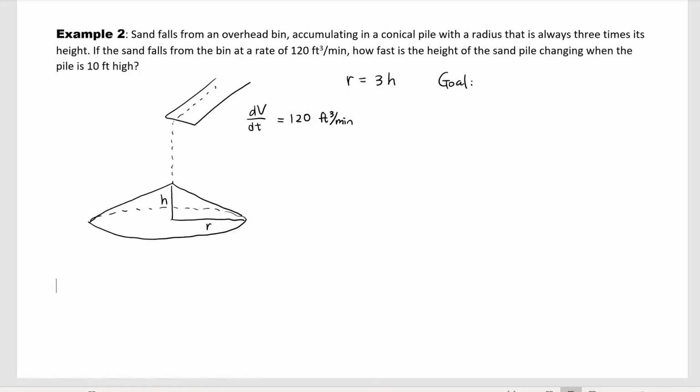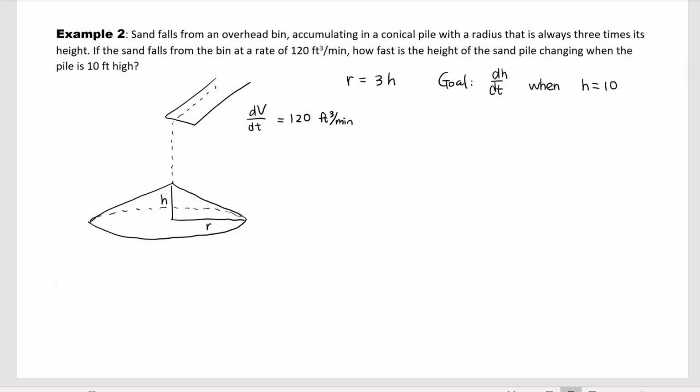How fast is the height of the sand pile changing? We're asking the rate of change of the height of the sand pile at the moment the pile is 10 feet high. Okay, so that is step 1. We draw the picture and we figure out the information.